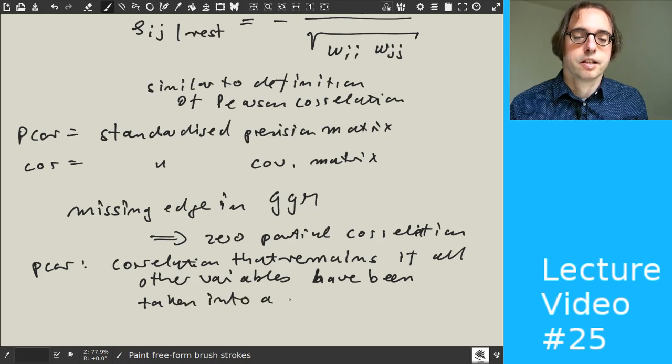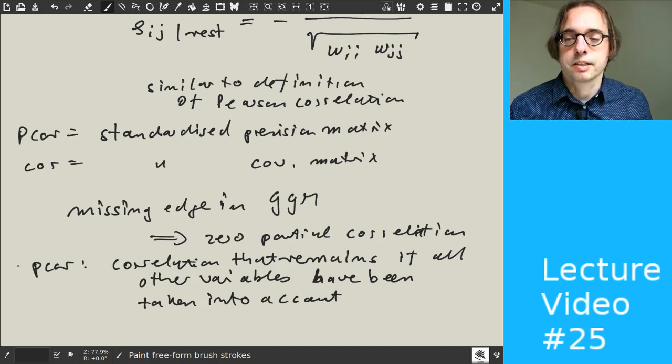And in fact, you can define it by taking your variables xi and xj, then you regress them onto the remaining variables, and then the partial correlation is basically the correlation between the residuals that are left after removing the influence of the other variables.